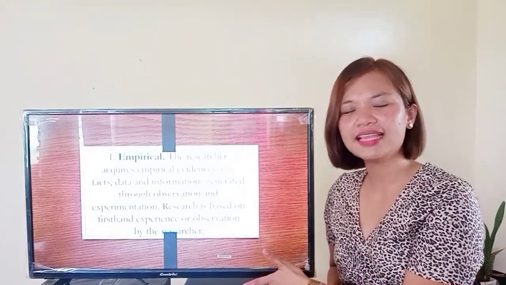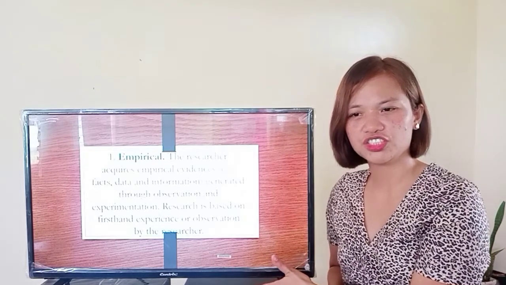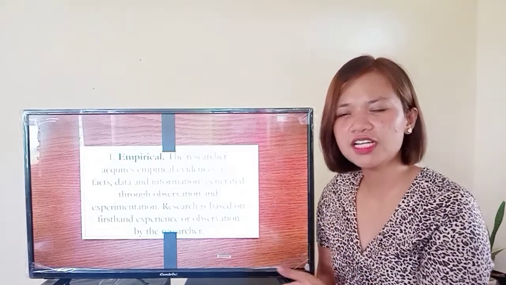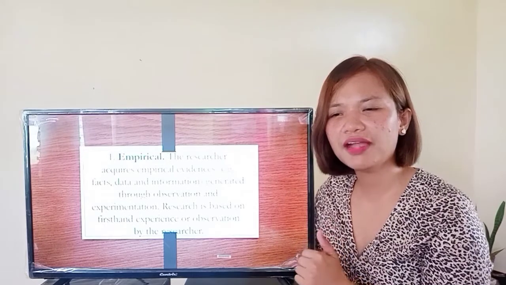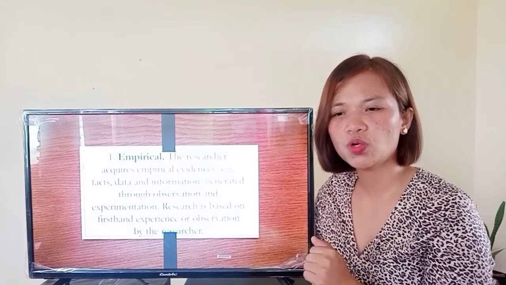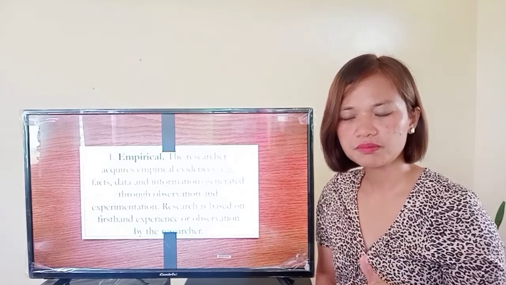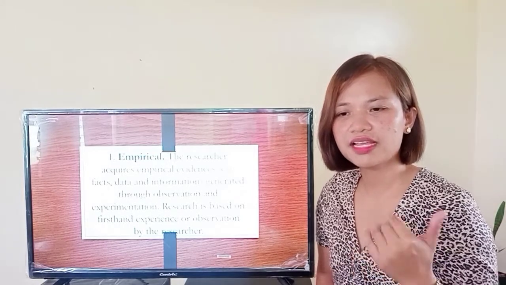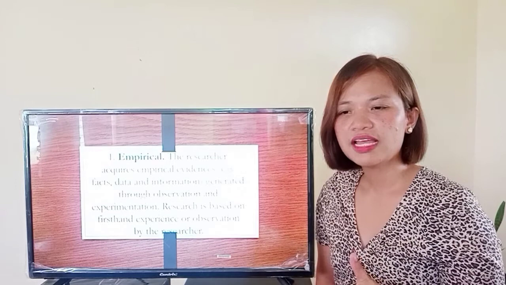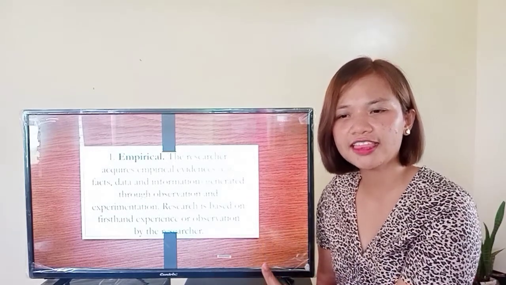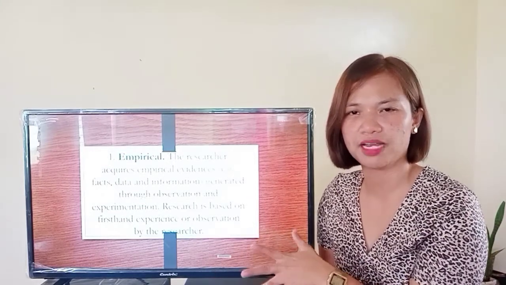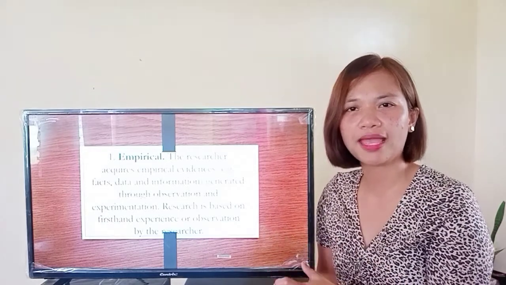Empirical dapat ang ating research. Remember, the researcher acquires empirical evidences. So, yung mga evidences na yon, lahat dapat facts. Data ng mga ginather mo, information, this must be generated through observation and experimentation. Yun yung sinasabi nating empirical.